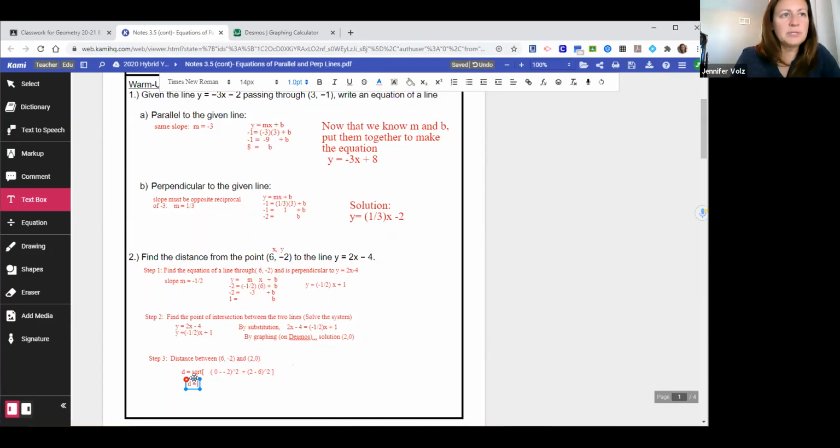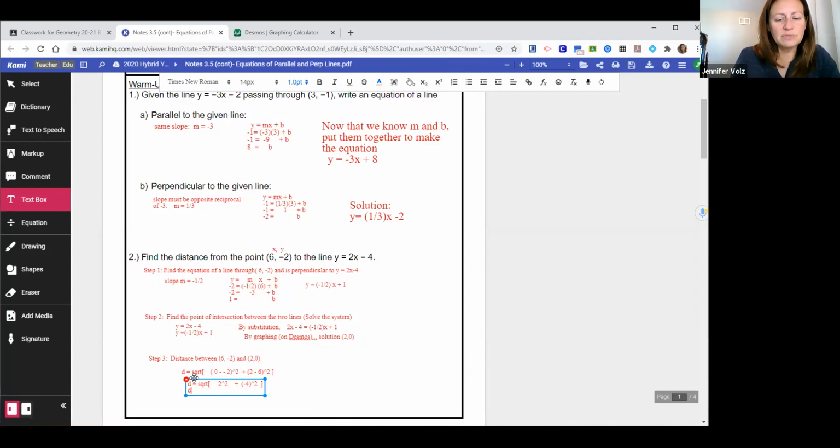So the distance between these 2 points is the square root of 0 minus -2 is 2. 2 squared is 4. Plus 2 minus 6 is -4. -4 squared is 16.